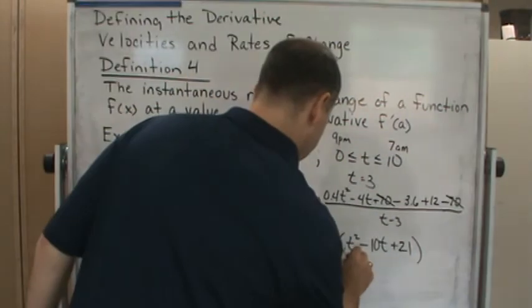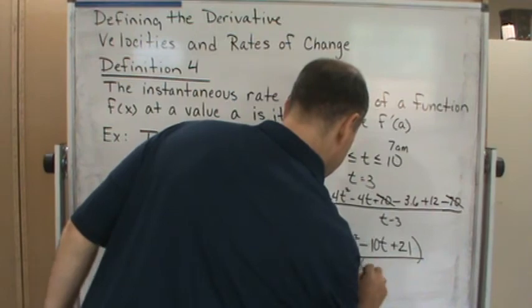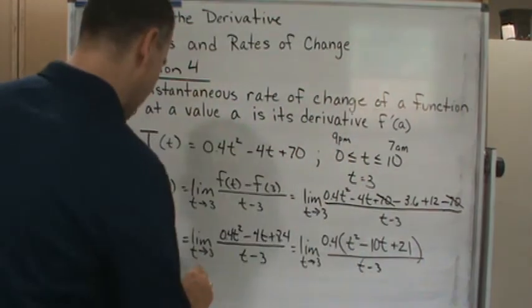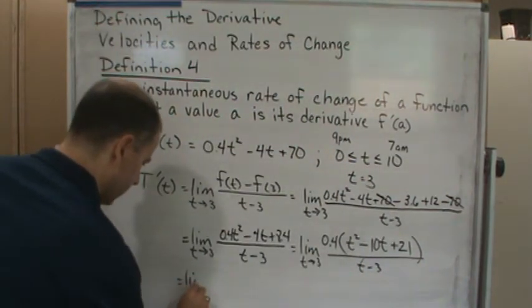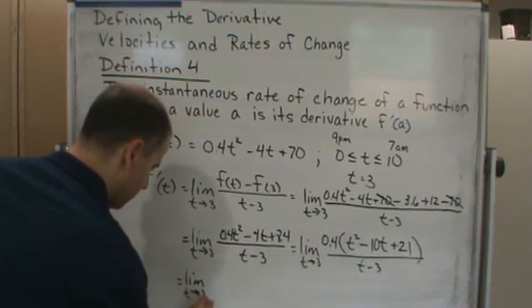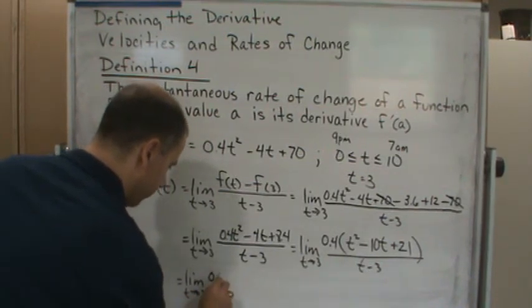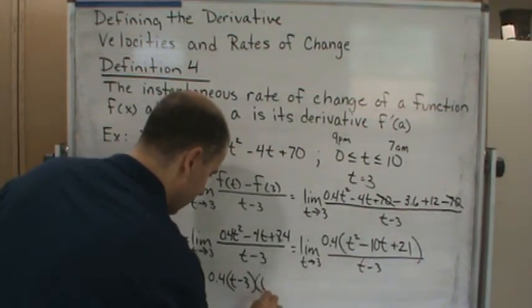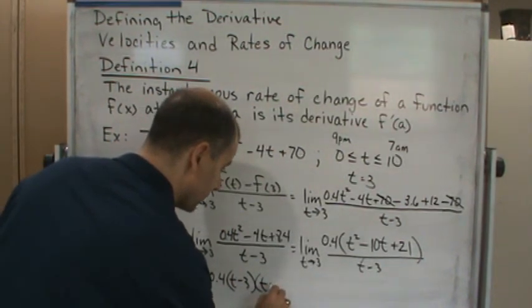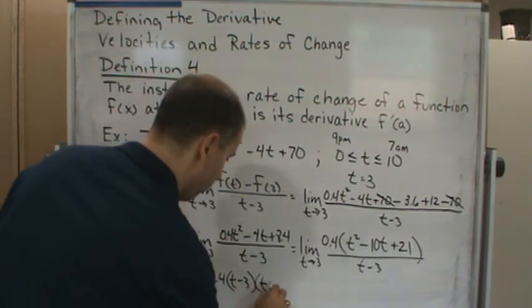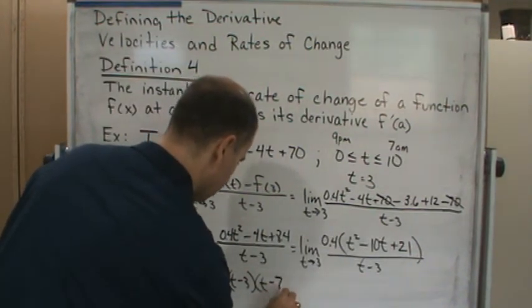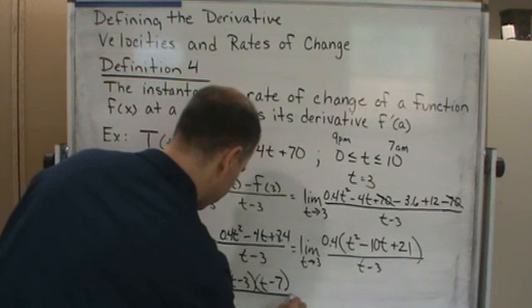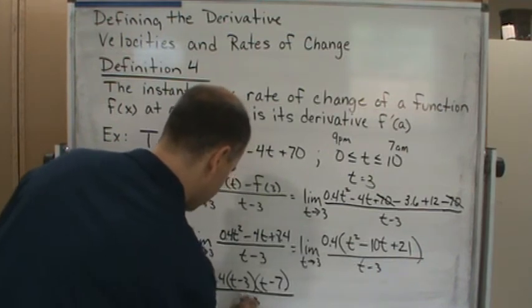So now, over t minus 3, this is going to give us the limit as t approaches 3 of 0.4 times t minus 3 times t minus 7, over t minus 3.